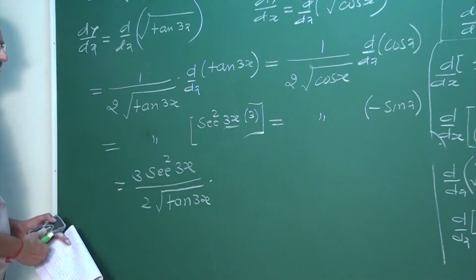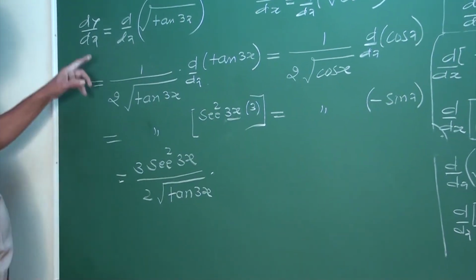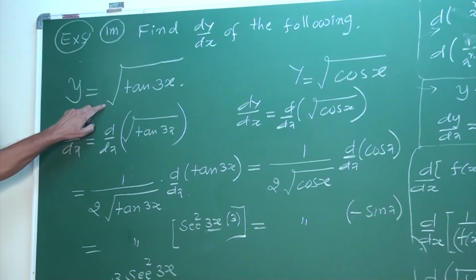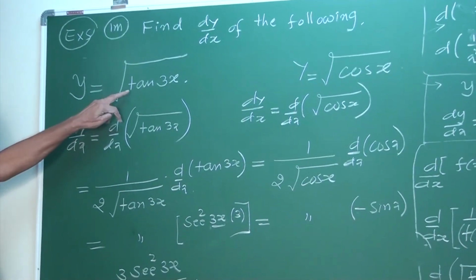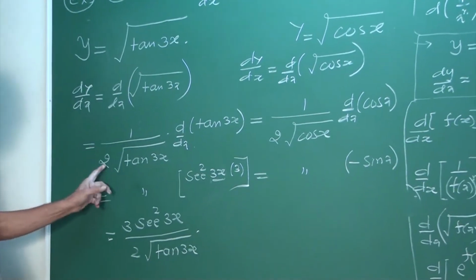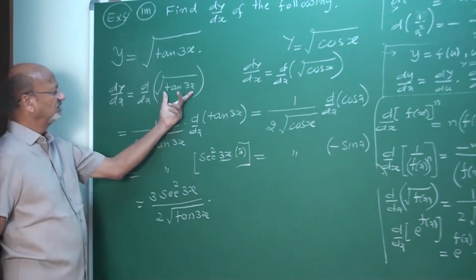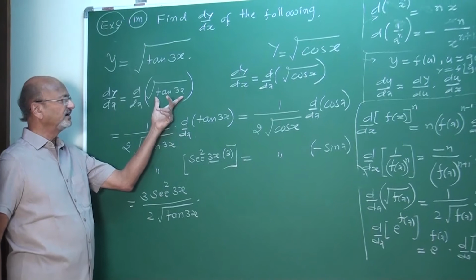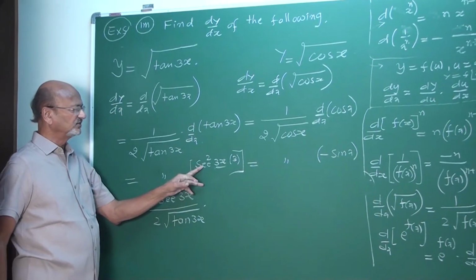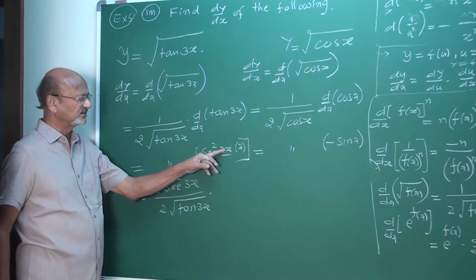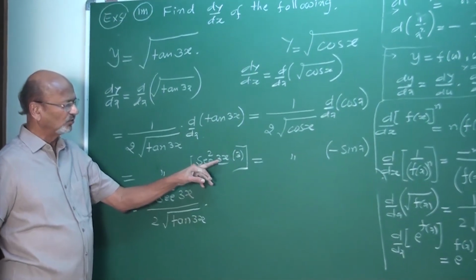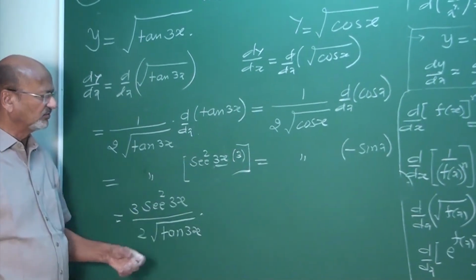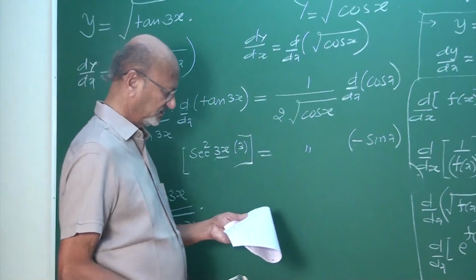Yes, my friend, this is the wanted derivative. Hope it is clear. Root first: 1 by 2 root f, derivative of what? Inside the square root, tan, sec square. Write this angle as it is. Is it x? No. Write its derivative, 3. Simplify it.